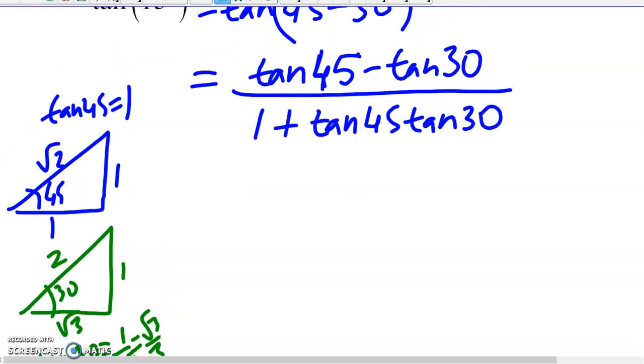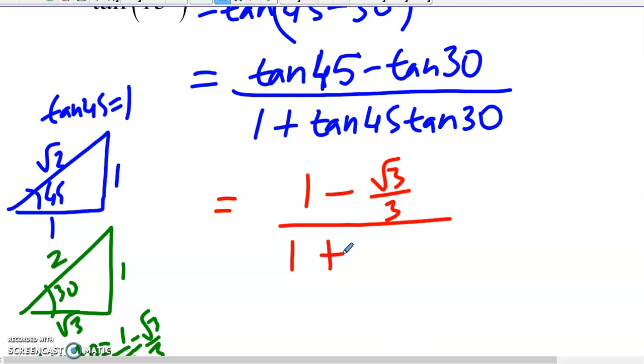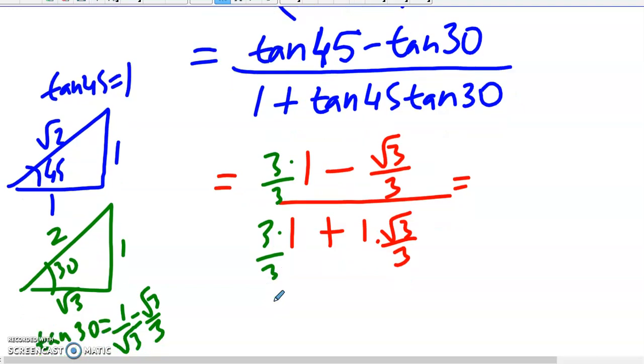Okay, so let's plug some stuff in here. So this is equal to 1 minus square root of 3 over 3, over 1 plus, and now this tangent of 45 is 1, tangent of 30 is square root of 3 over 3. Let's multiply this by 3 over 3, just so I can get the same denominator here.